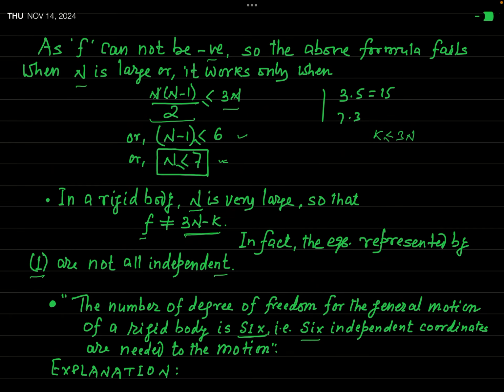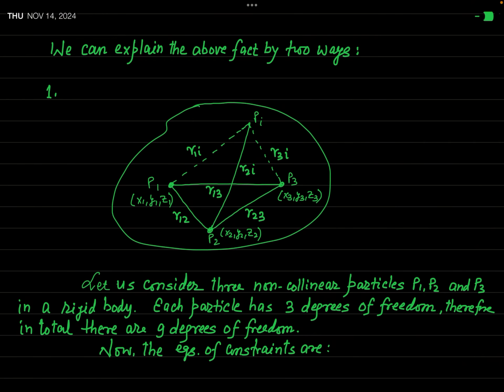Actually, this fact can be explained in 2 ways, and I am going to discuss both of these ways, how we can say that a rigid body has 6 degrees of freedom. Now let us see the first method to explain that the degree of freedom of a rigid body is 6. For this you can see I have considered a rigid body here.